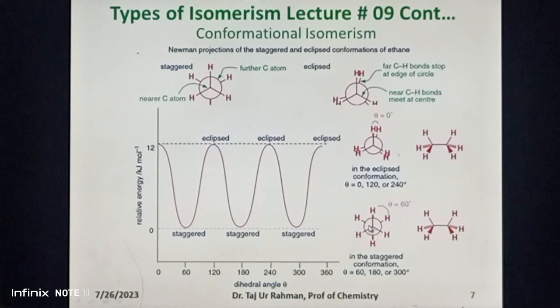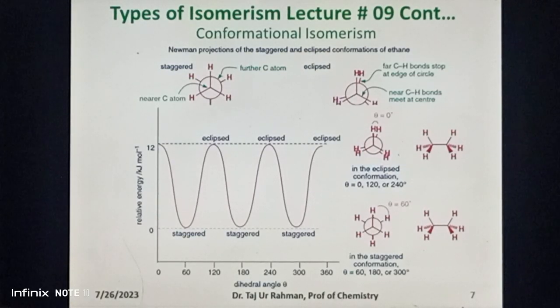Now if we rotate further the carbon-hydrogen bonds on the front carbon with respect to the carbon-hydrogen bonds on the rear carbon at an angle of 60 degrees, we get this eclipsed conformation of ethane.